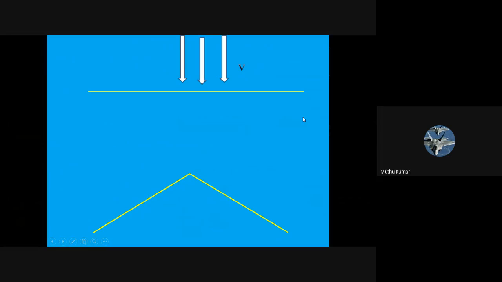But if it is a swept back wing, which is at an angle gamma, if 100 meters per second comes, only 80 meters per second goes over the wing. V cos gamma only goes over the wing, and V sin gamma goes in the spanwise direction. So if 100 comes in, only 80 is used for lift production and drag production. The other 20 just slips away to the side. This is the important thing about a swept back wing. And this is what I want; that is why I sweep a wing, to go at higher speed.